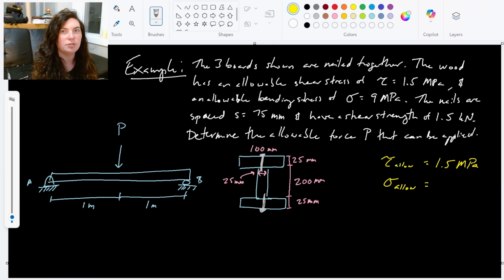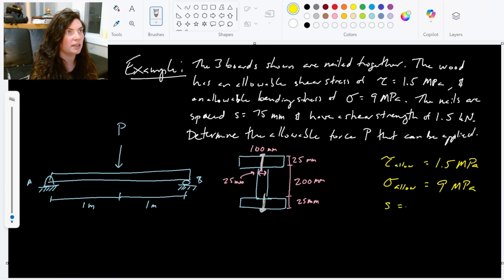So throwing it back to several videos ago now with beams and allowable bending stress, right? Our allowable bending stress, moment times C over moment of inertia. So allowable bending stress of 9 megapascals, and that the nails are spaced at a distance of 75 millimeters and have a shear strength of 1.5 kilonewtons.